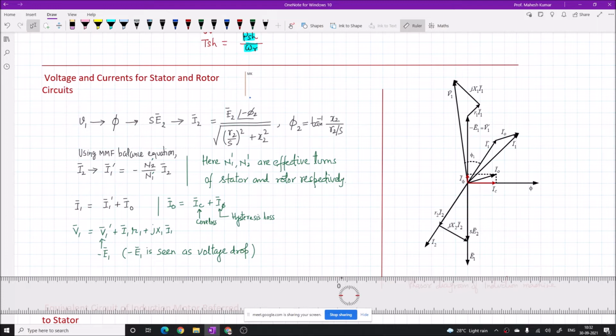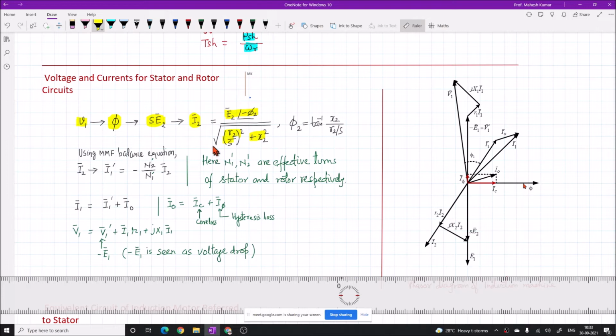The whole process of the induction machine can be expressed like this: we have applied voltage. The applied voltage gives the flux in the magnetic core of the machine. That flux induces the voltage in the rotor circuit, SE2, which gives the current I2, and I2 is given as the voltage divided by the impedance of the rotor circuit.